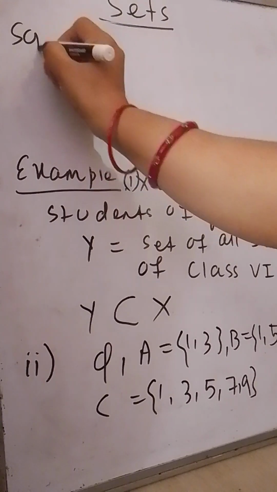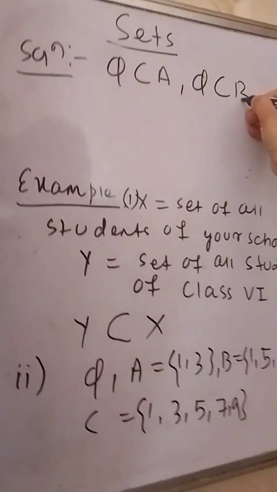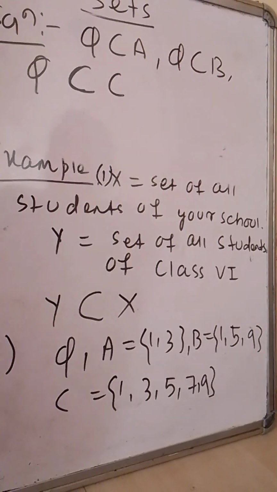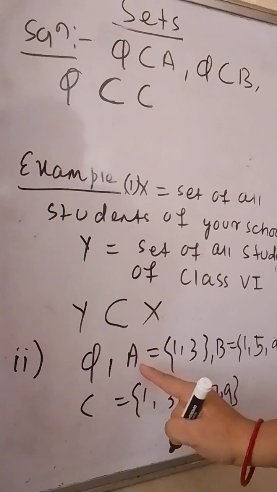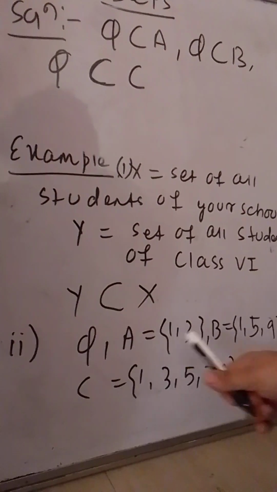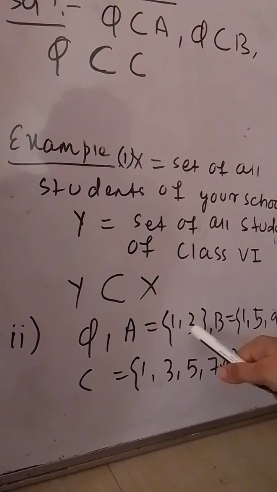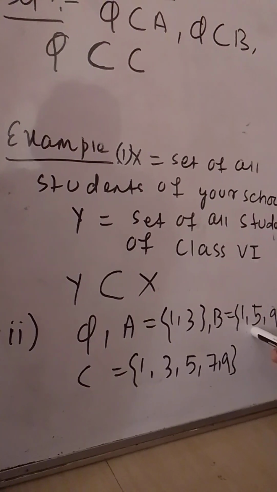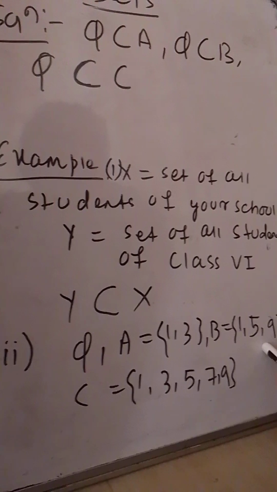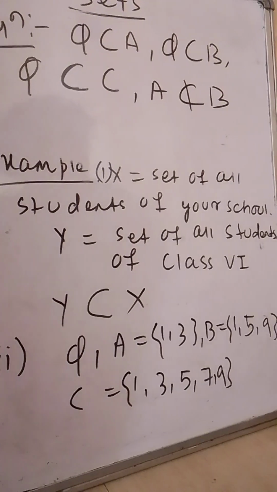Here we can say phi is a subset of A, phi is a subset of B, phi is a subset of C. And next you try to find out between A and B. In case of set A, the first element 1 belongs to set B. The second element of set A, 3, does not belong to set B. So each element of set A is not an element of set B. Therefore in this case A is not a subset of B.